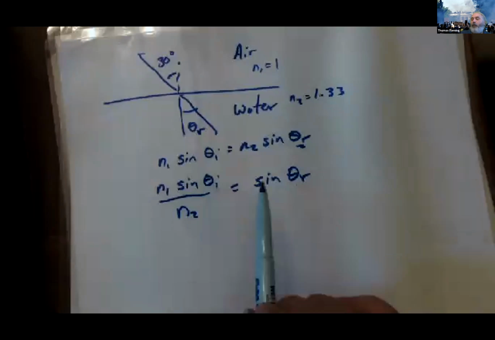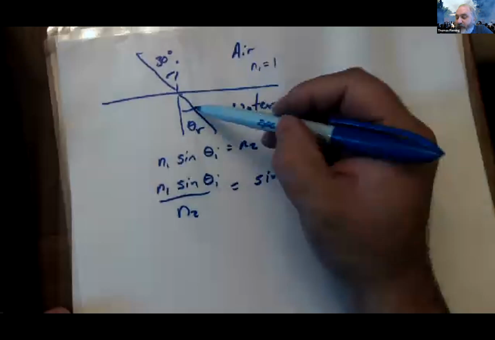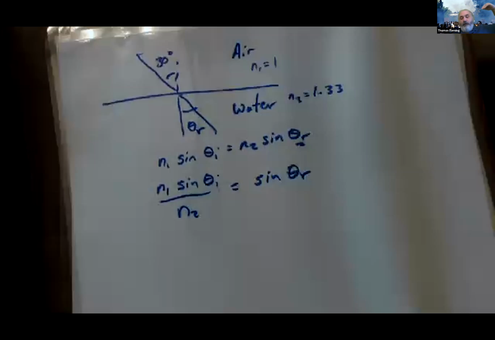So if you're going from water into air, then this light is going to bend further away from the normal. So going from fast to slow, it bends towards the normal. Going from slow to fast, it bends away from the normal. And just knowing that can sometimes help you reason your way through problems that otherwise would be a pain.